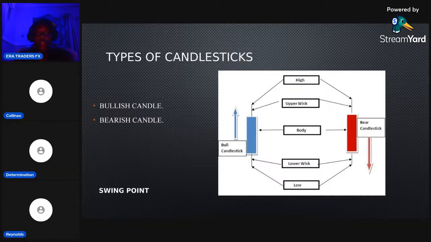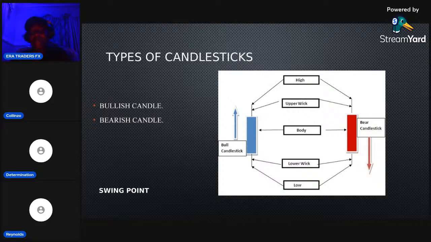Let's continue. In the candle, for example, when the market opens, you have the open of the candle, the open of the day. We also have various time frames. You can look at the market using your daily time frame, your 1 hour time frame, or your 5 minutes time frame.